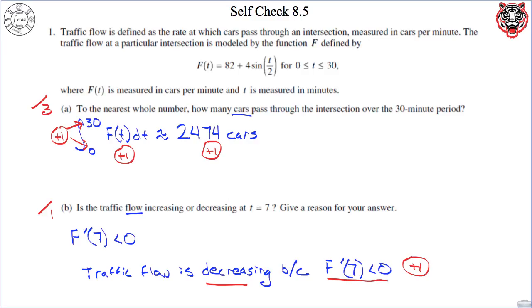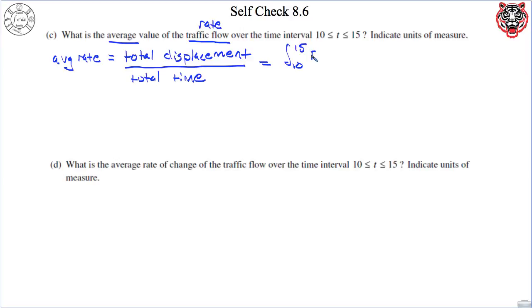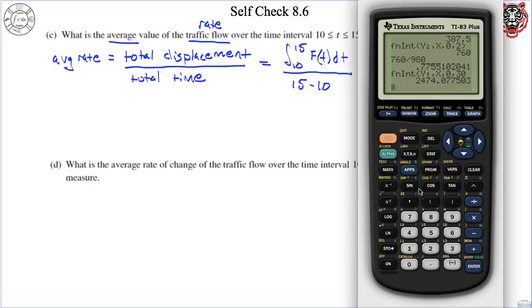My function was capital F of t. Capital F of t dt, and that's all divided by total time between 10 and 15, so 15 minus 10. I'm going to do the integral on my calculator. Oh, I already have the integral, so second enter, and instead of 0, it's going to be between 10, comma 15.